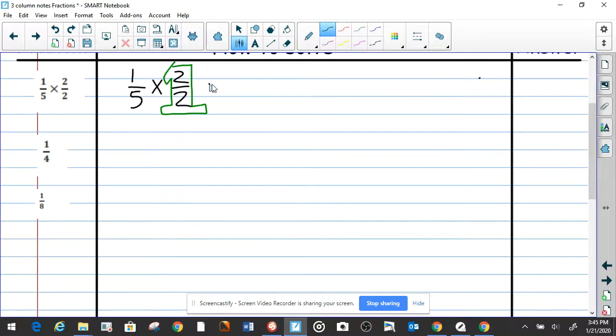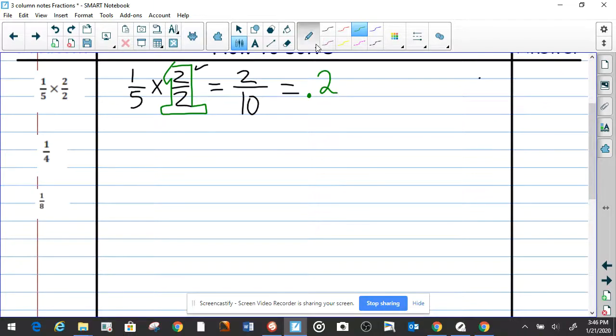So that's going to yield the same number. Now, 1 times 2 equals 2, and 5 times 2 equals 10. So now we have 2/10. This is why we multiplied it by that 2, because that made it into tenths. Now we can write it as a decimal, which is decimal point 2.